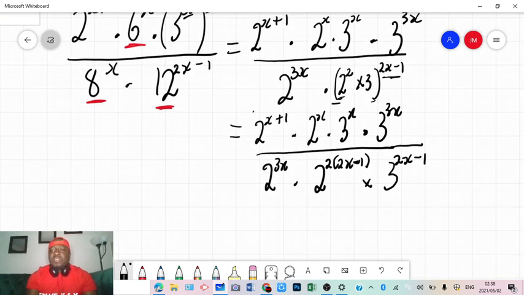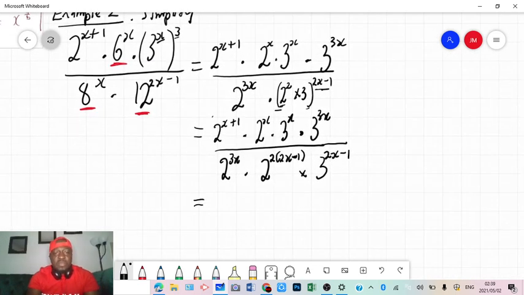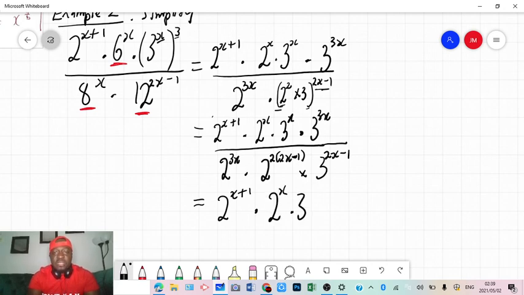Remember your board mates, you always have to simplify your brackets wherever you come across them before you apply even the law. So I will still repeat whatever I have in step 2 and simplify the brackets that is on the denominator.